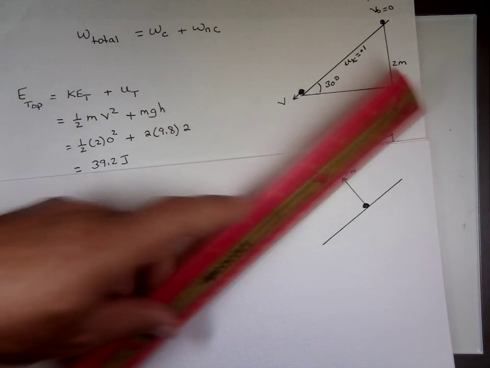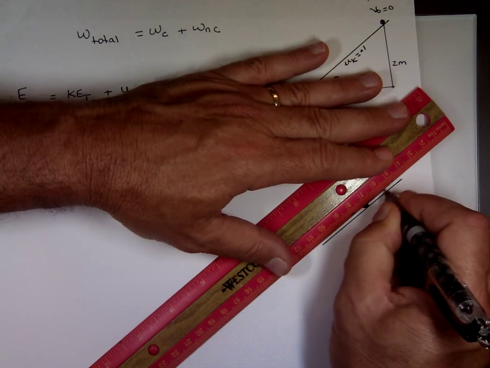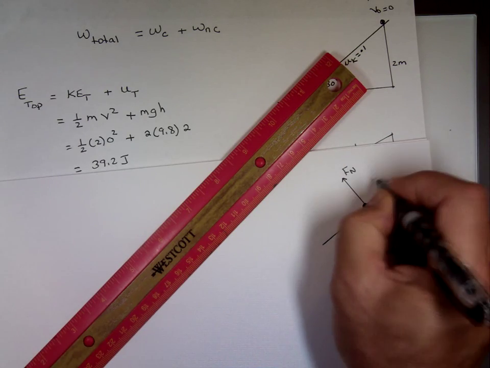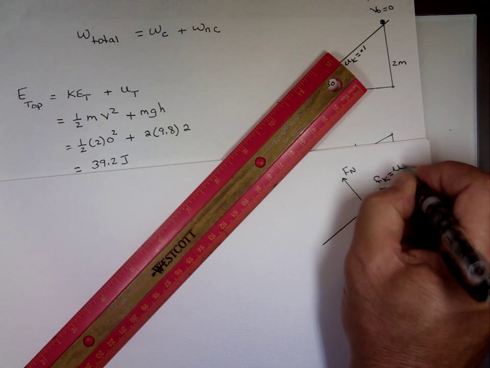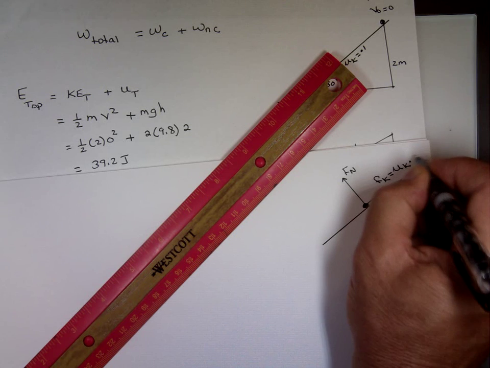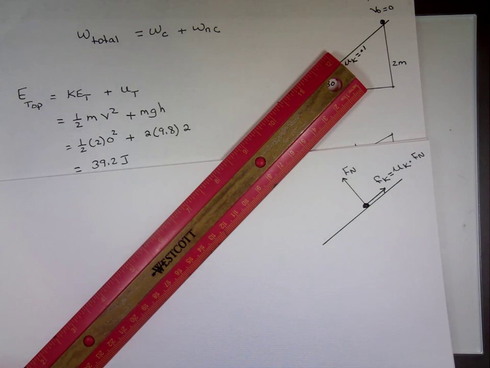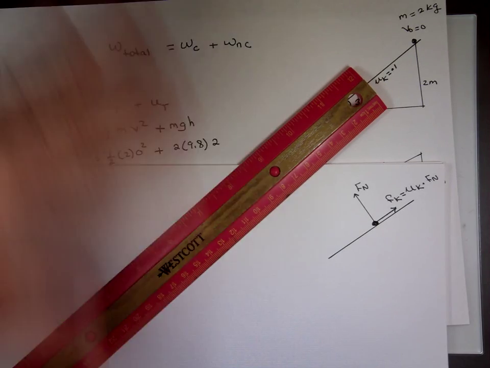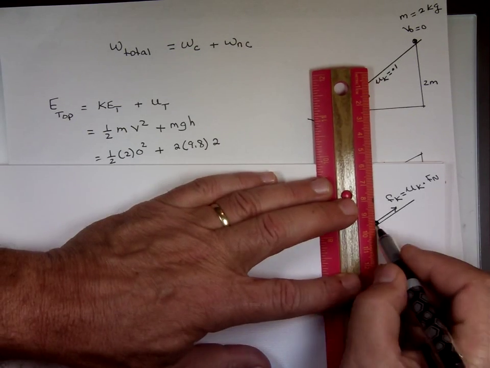We get the friction force pushing backward, kinetic friction, Fk. And if you remember, friction force is mu k times the normal force, F normal. What else do we have? We have the weight, which is straight down.